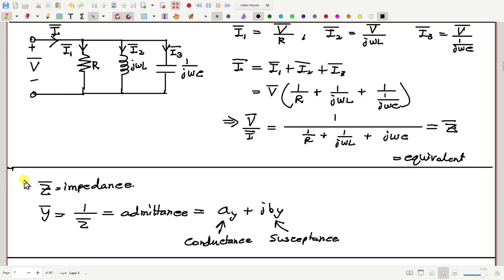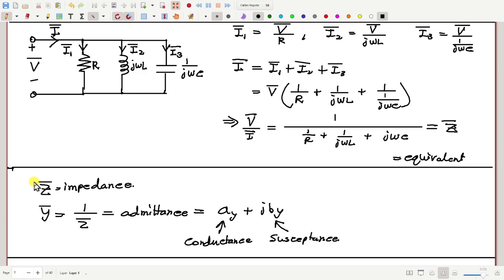The only difference is that in DC circuits, voltage, currents, and resistance are real numbers, and in steady state AC circuits, voltages, currents, and impedances are complex numbers. Real for DC, complex for AC.